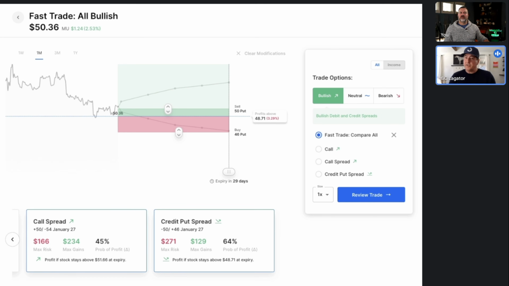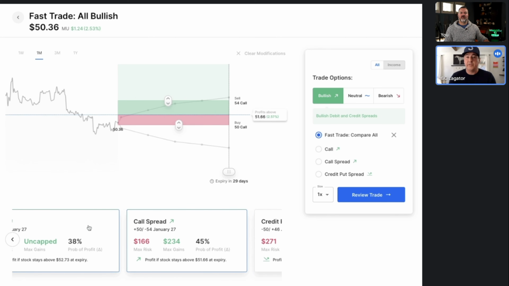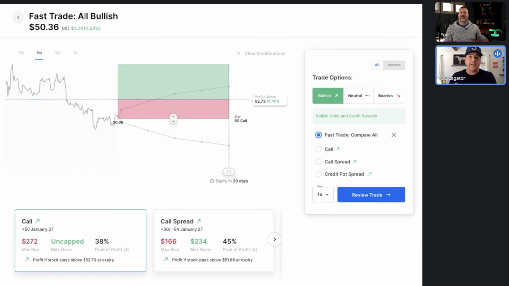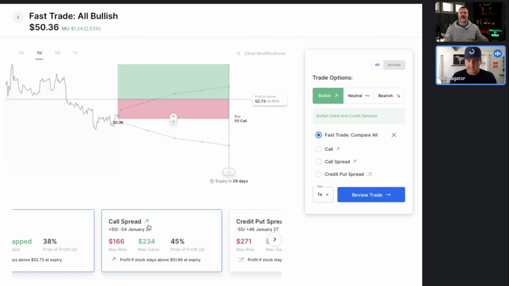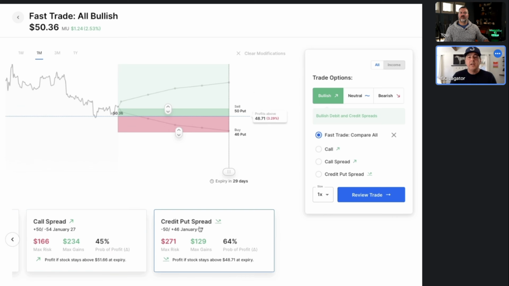The advantage here is you get to enter this with a view on Micron stock without having to go to the chain and start putting together trades to compare them, right? So you're putting that right in front of you. So now you're looking at the risk reward of a couple of these different trades side by side. And these are all to the expected move, using those expected move strikes.